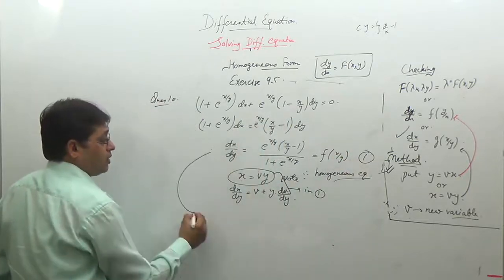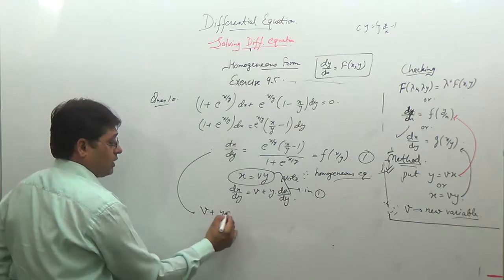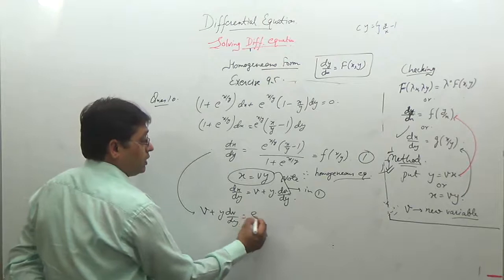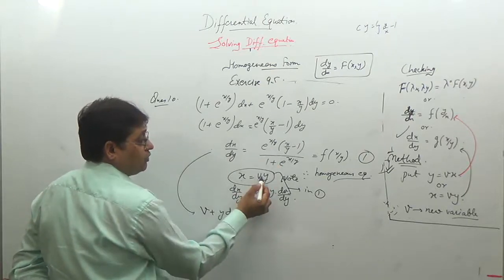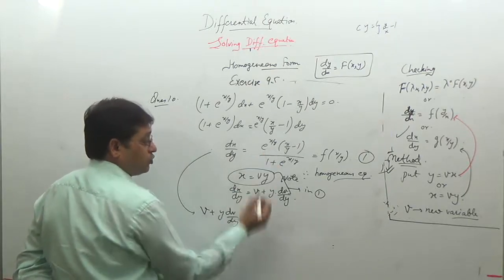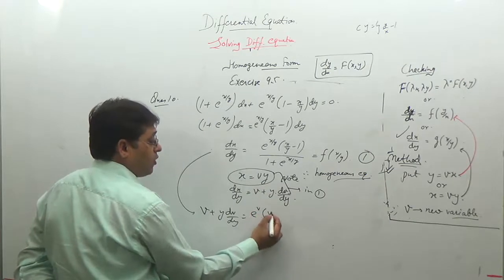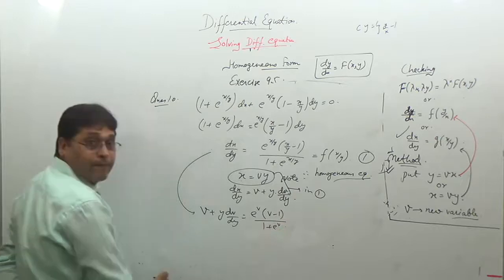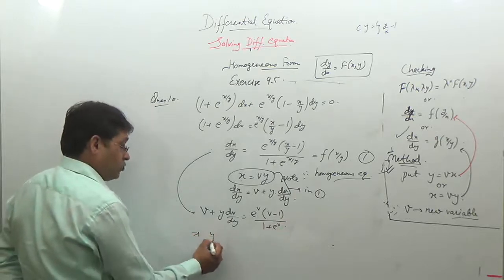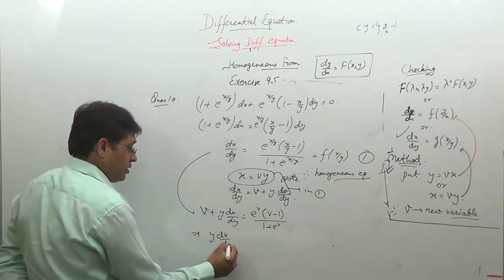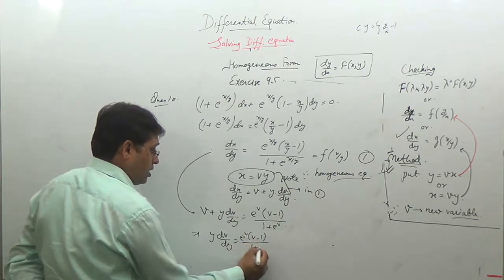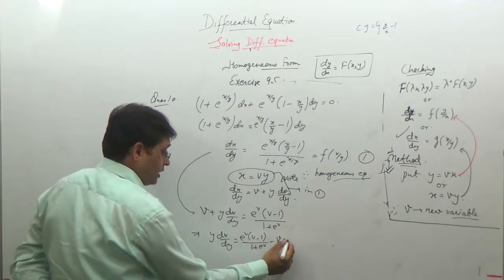So you will get v plus y into dv by dy is equal to e raised to power, put x is equal to vy or x upon y is equal to v, so you will get e raised to power v minus 1 upon 1 plus e raised to power v. Right? Now take v to the right hand side. Then take the LCM.